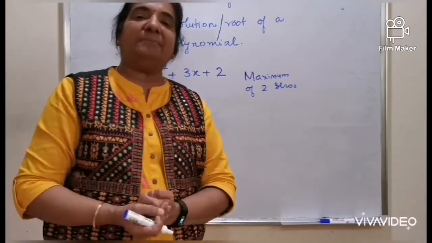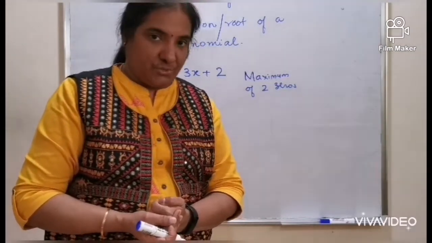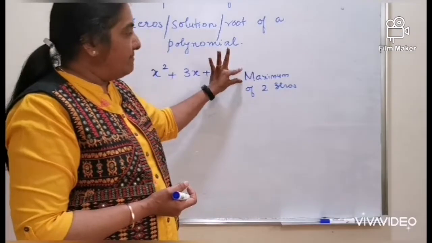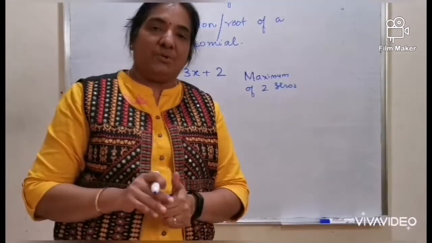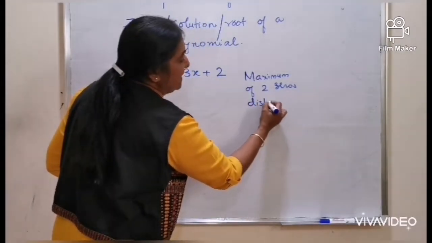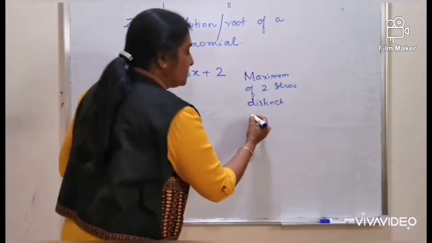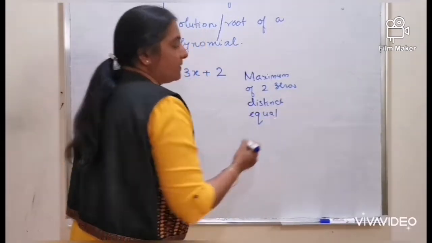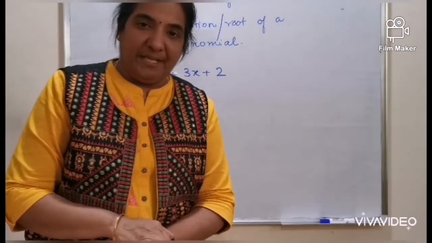But it is not compulsory that all quadratic polynomials should have 2 zeros. It can have a maximum of 2 zeros. And what type of zeros? The zeros may be distinct, which means they are 2 different values, or the zeros can be equal. How to find the zeros of this polynomial?